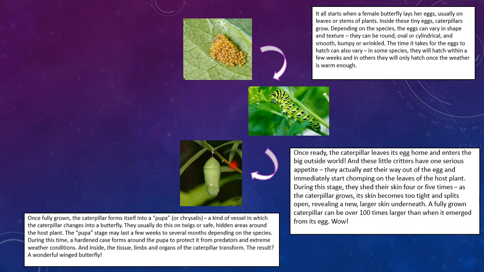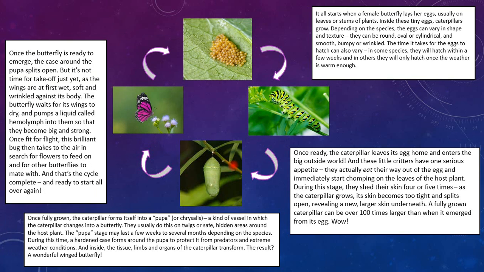The pupa stage may last a few weeks to several months, depending on the species as well. During this time, a hardened case forms around the pupa to protect it from predators and extreme weather conditions, and inside, the tissue, limbs, and organs of the caterpillar transform. So the result, a wonderful winged butterfly.